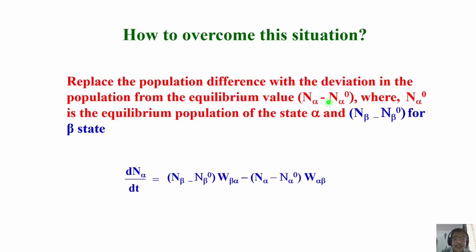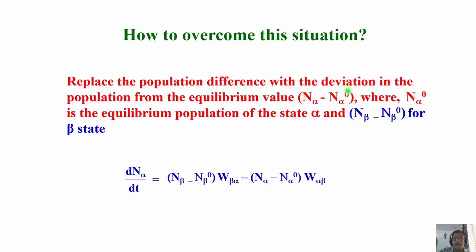Now, let us do one trick. Instead of taking the population difference, we will treat it as a deviation of the population from the equilibrium value. That's something we define. Equilibrium value is N alpha 0, we consider.